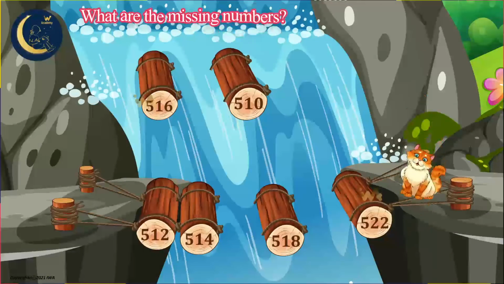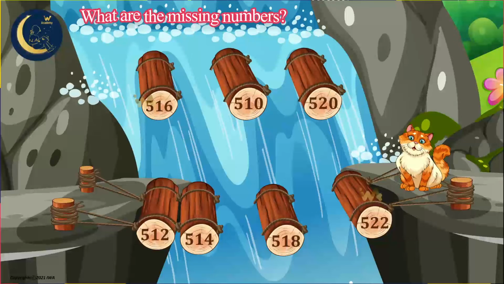This cat wants to cross the river to reach the other side. But look at the bridge, it's not complete. What are the numbers that must be put in order to complete the bridge and let the cat cross? Let's look together and see the numbers.